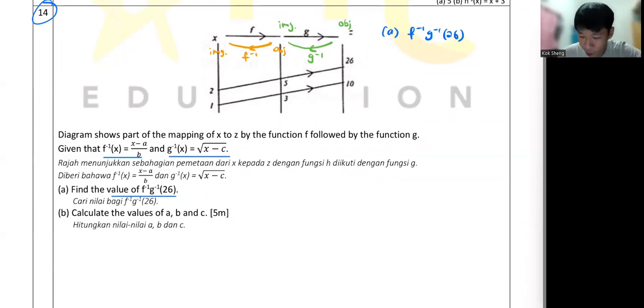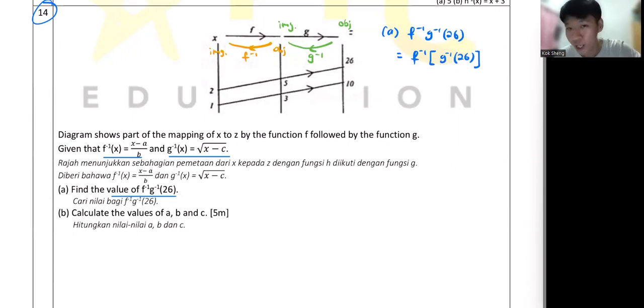So you split into f negative 1 bracket g negative 1, 26. 26 is still the object, but now the object of g negative 1.